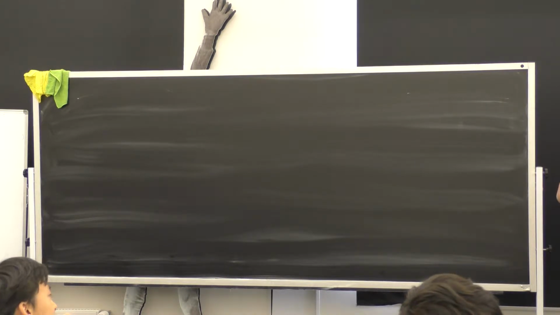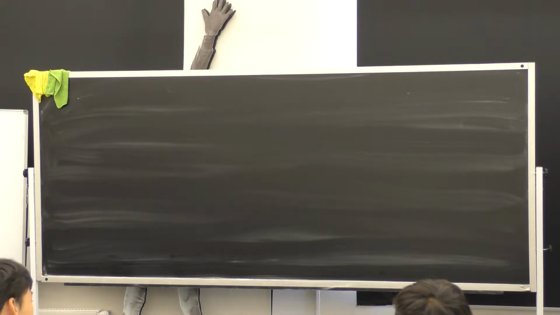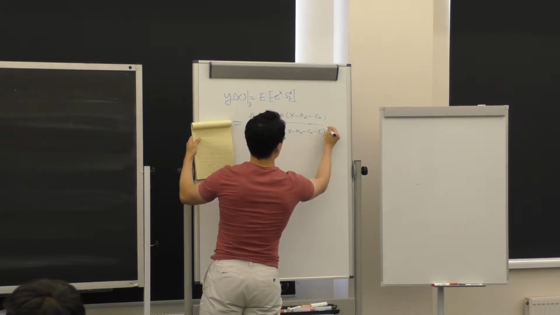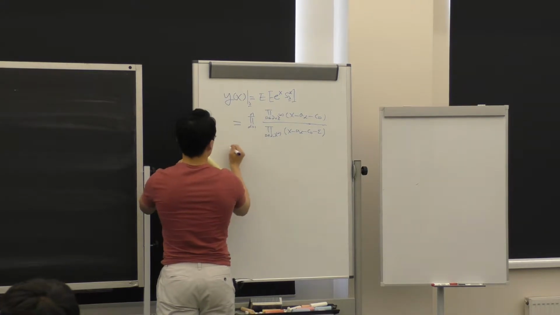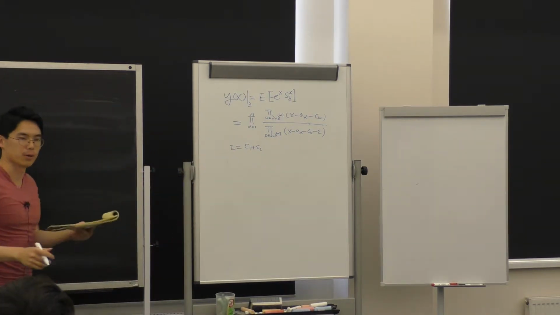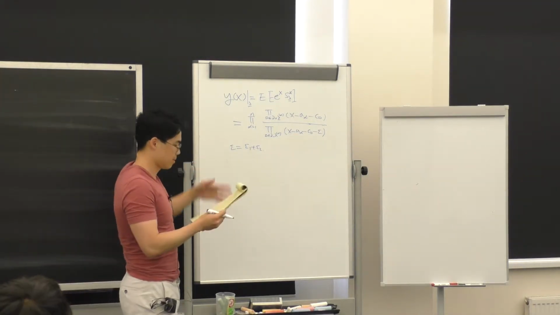And Nikita gave the expression of this in terms of the Young diagram lambda. My epsilon will always be epsilon 1 plus epsilon 2. Do you remember this? Okay.